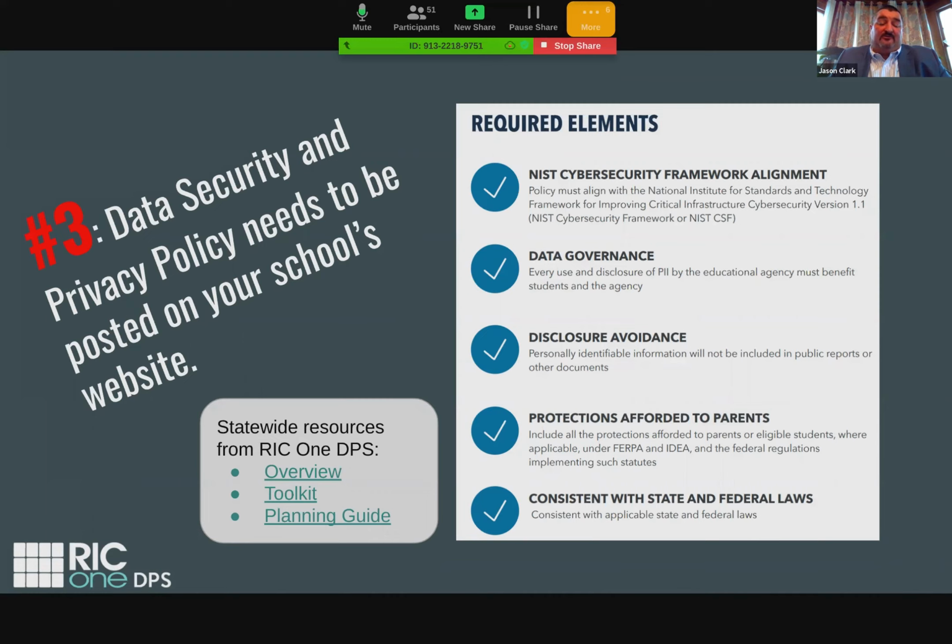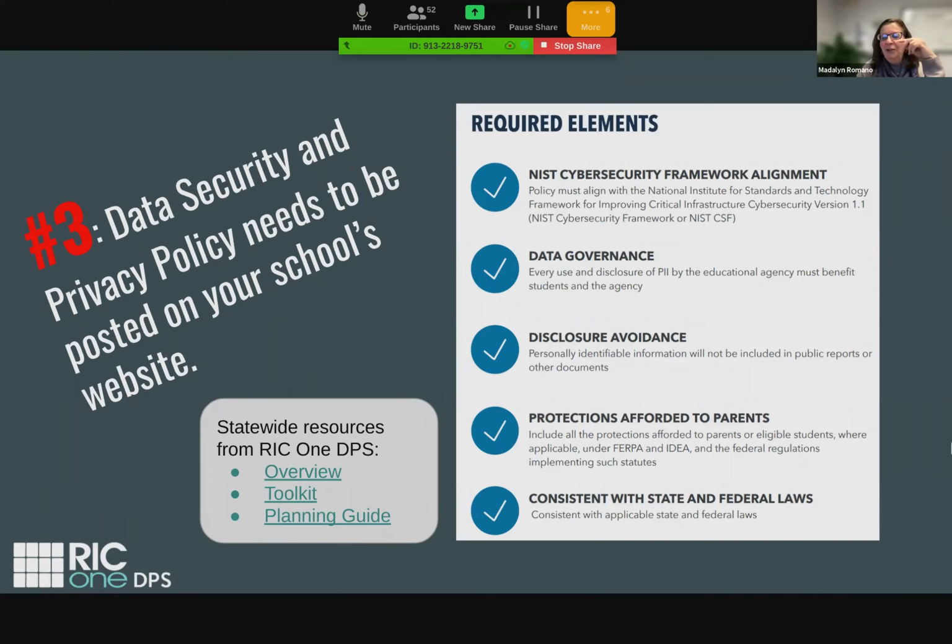That policy also needs to be posted to the website. And again, this is not a unique document in many cases. The state has provided a template that many districts are using, but it does have to go to the board and be approved.